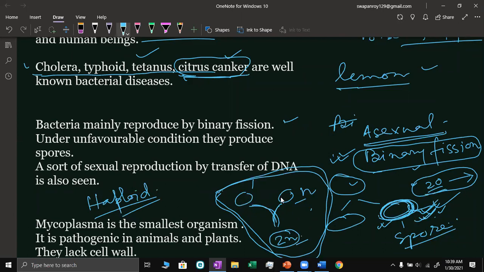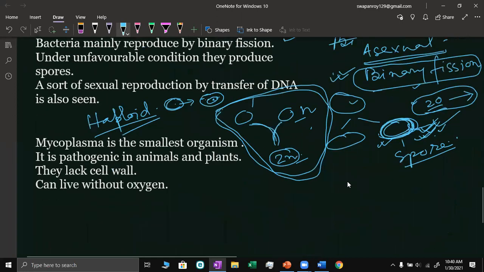But it has been found that sometimes this DNA from one bacterium moves to another bacterium. A part of the DNA of one bacterium can be transferred to another bacterium, and a new combination of DNA is formed in the recipient bacterium. So we call it genetic recombination.